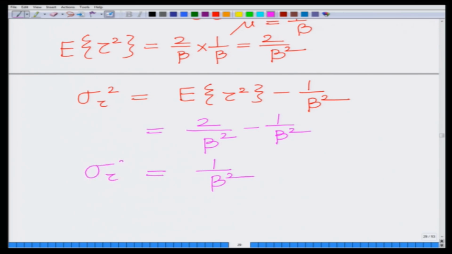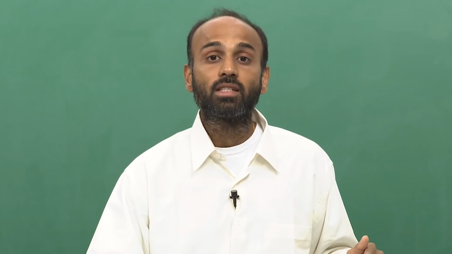So, sigma tau square equals 1 over beta square. The variance of the delay is 1 over beta square. Now, sigma tau square is the variance, and sigma tau is the standard deviation of the delay.